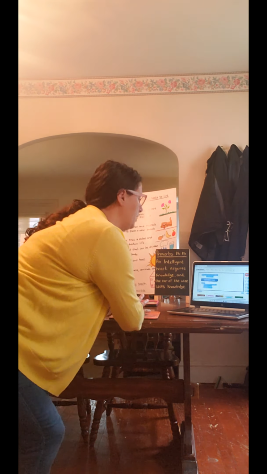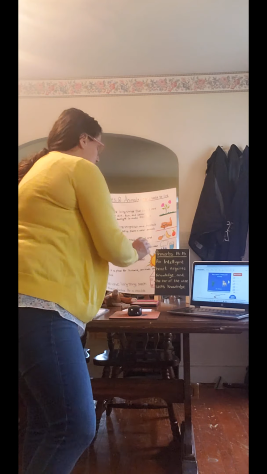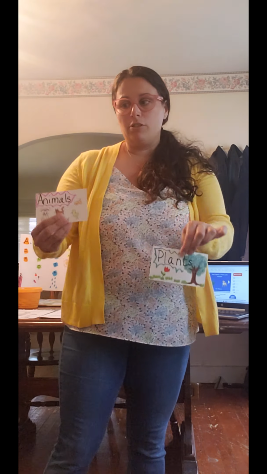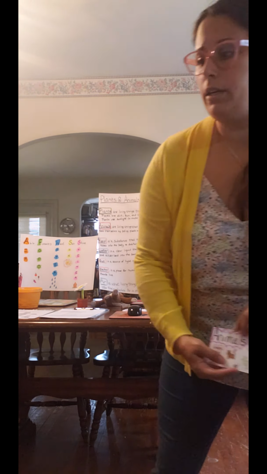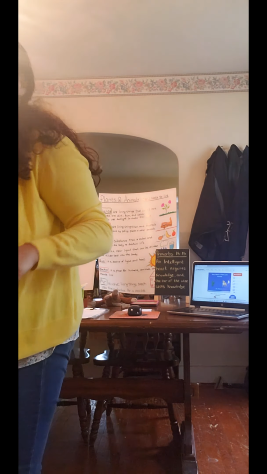It's a cute book. It's a little short, so that's why I wanted to pass these cards to you guys. You can just look at two cards, plants and animals, and look at the difference between plants and animals. So I'm going to give you this card. I'm going to give you this card.